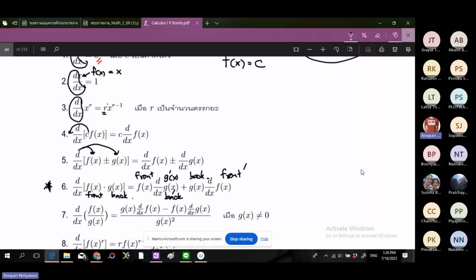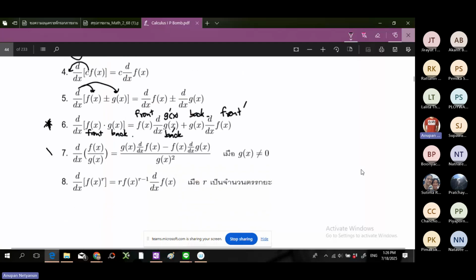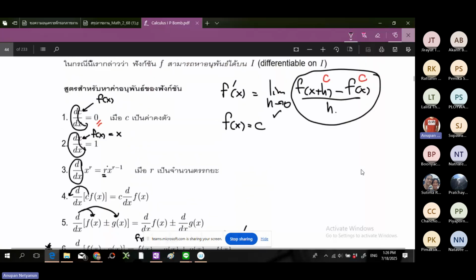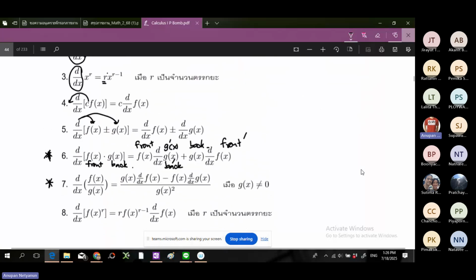Now, similar for division. Even though the derivative is about limit, it's not like you distribute the derivative to the top and to the bottom, because this part makes things more complicated. So the formula is going to be, you have a top function, and let me call it the below function.